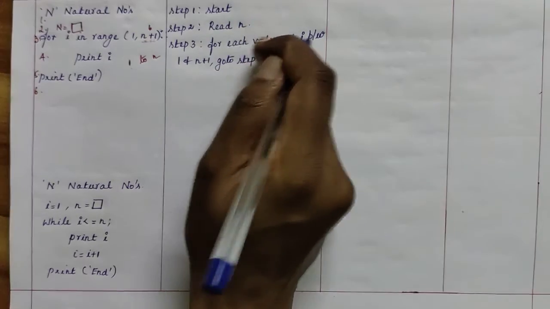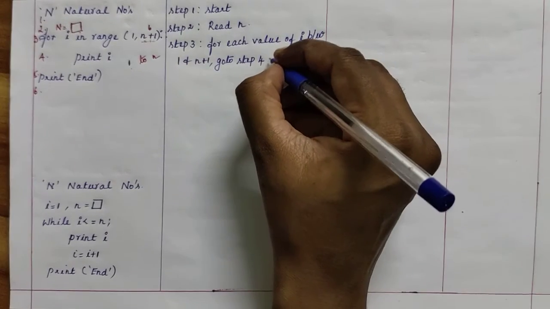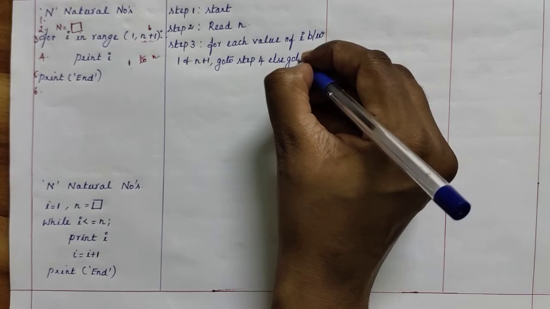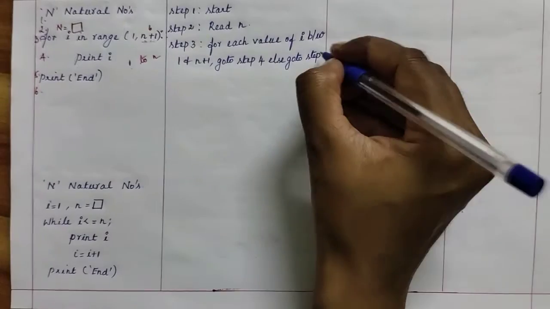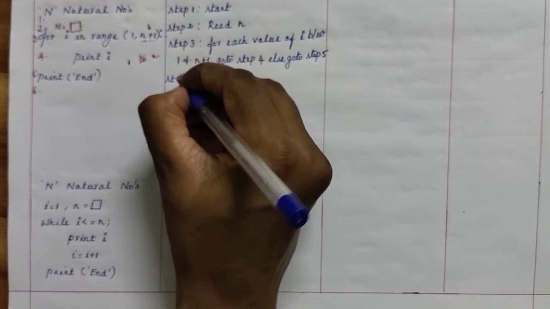That is, if the i value is within this range, we have to go to this statement, else go to step 5.